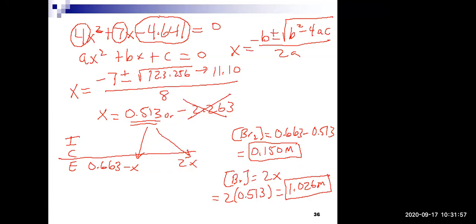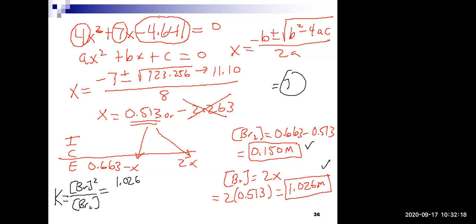Because this is math and we already know that the equilibrium constant is Br squared divided by Br2, and we already know that value equals 7, if I now take my equilibrium concentrations and put them in here, 1.026 squared divided by 0.150, I should get about 7, which I do. So that's a good way you can check yourself at the end.